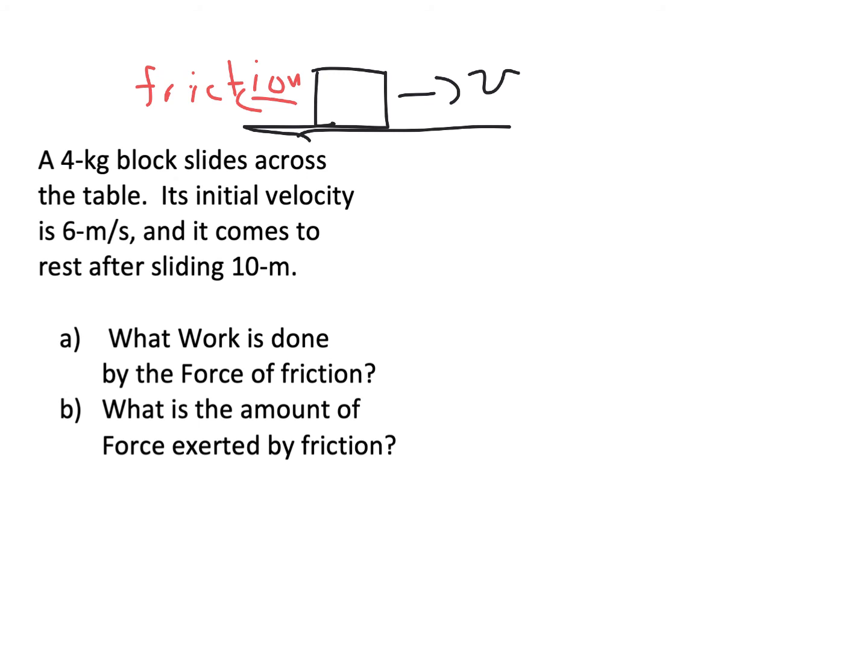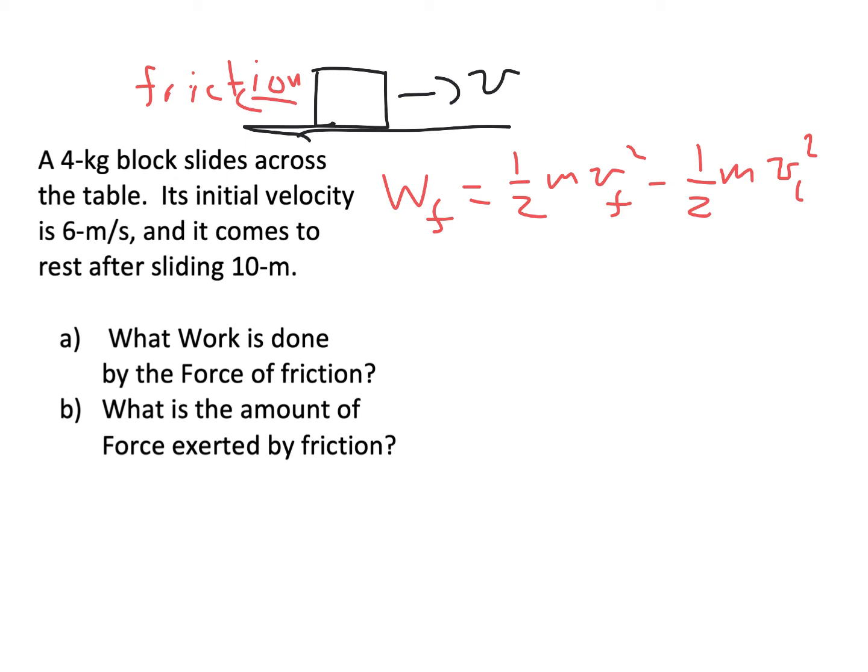Its mass is 4 kilograms, so we can say that the work done by friction is equal to the change in kinetic energy. That's 1/2 m v final squared minus 1/2 m v initial squared. And we can just plug in the values.